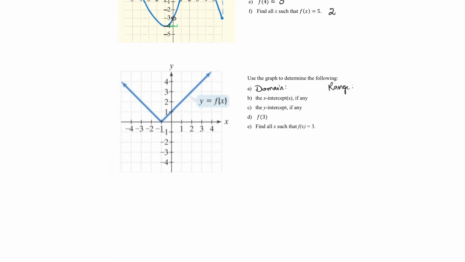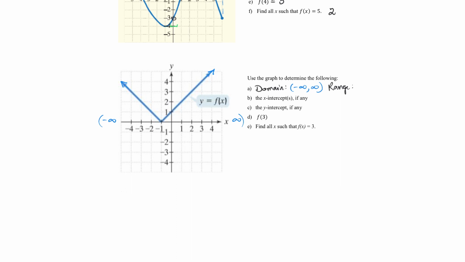This one asks me to use the graph to determine the following. First, the function's domain and range. There is an arrow pointing off towards -infinity and an arrow pointing off towards +infinity in the x direction, so the domain is going to be from -infinity to +infinity, all real numbers, in other words.